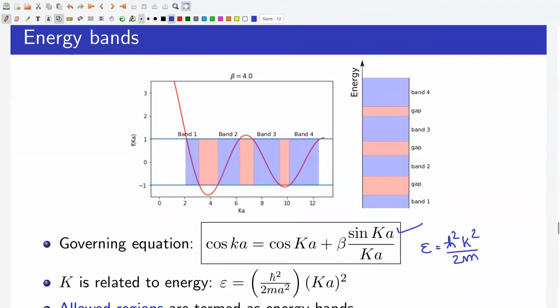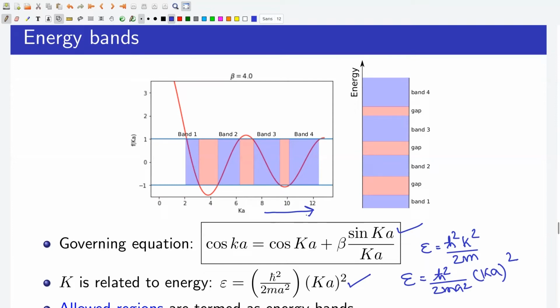Multiplying and dividing by a squared, we can rewrite E as h-bar squared by 2ma squared times capital Ka whole squared. Thus, as capital Ka increases, the energy is increasing in this direction.